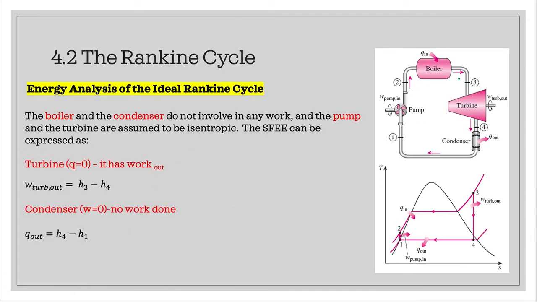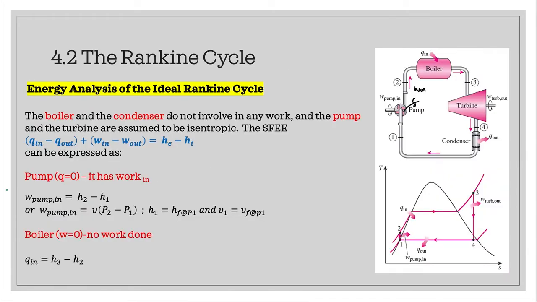Next, we go to the turbine. In the turbine, from our previous lecture, we know that it will produce W dot out, work power output. The turbine is isentropic. So from the SFEE equation, we can cancel out the Q component as well as W in.